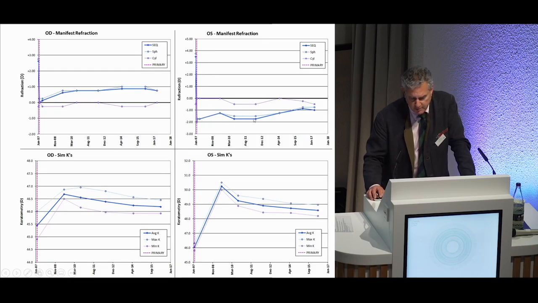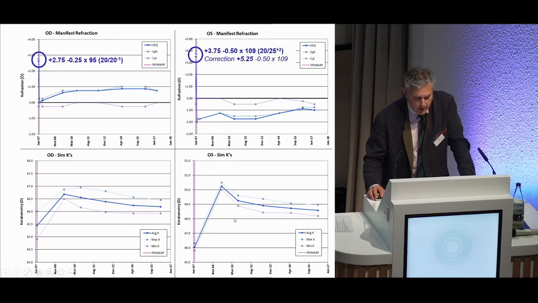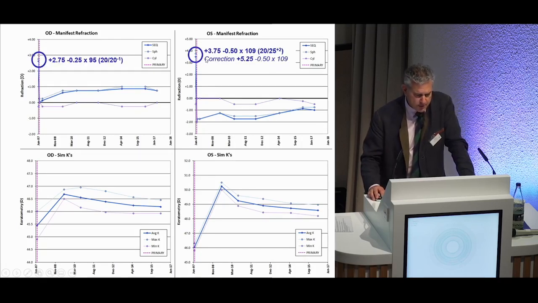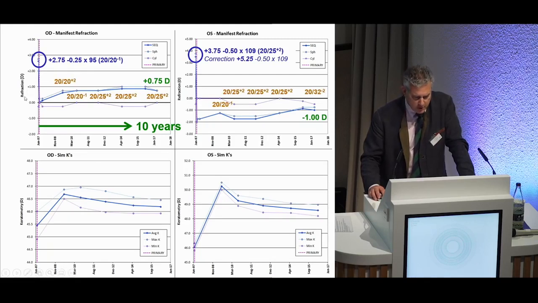Manifest refraction of the left eye, pretty stable. Ks flattening out a little bit, but from 2011 or so, she's been pretty much completely stable. So starts off at plus whatever. 10 years on, she's plus 0.75 and minus 1. Not bad. Her vision has remained stable at 20/25 at distance, and now her cataract is starting to go in the left eye.